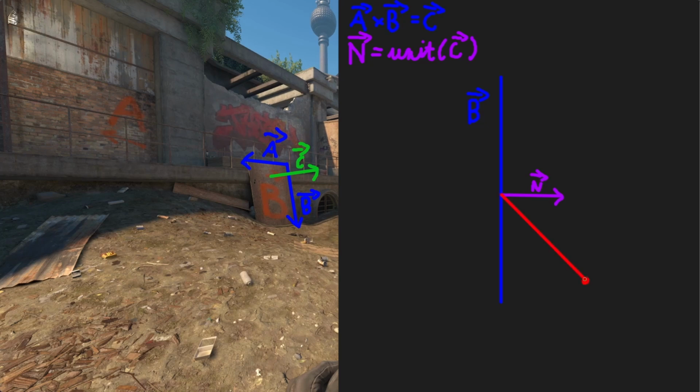I will mark the vector v, which represents the grenade's flight path, in red. We are looking for the vector that represents the reflection of the grenade off the wall, which I will mark as the yellow vector d.